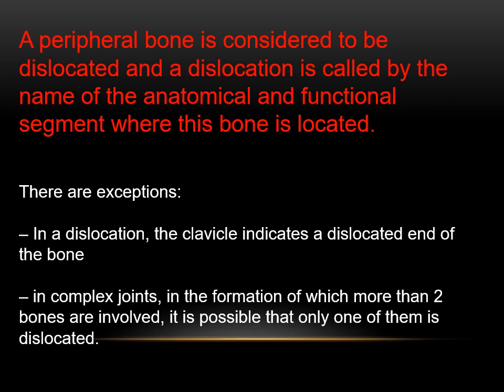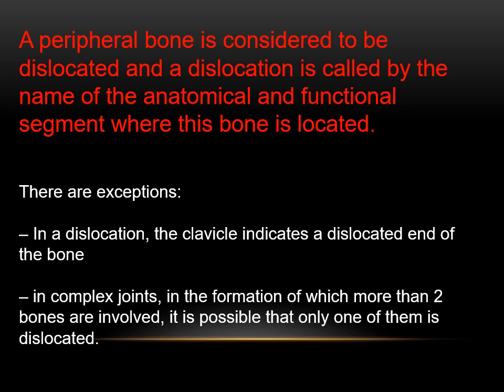For the elbow joint there is a separate term: dislocation of the head of the radius. That is, in the humeroradial joint, where the head is concave and adjacent to the capitulum of the distal epiphysis of the humerus, it is customary to talk about dislocation of the head of the radius.